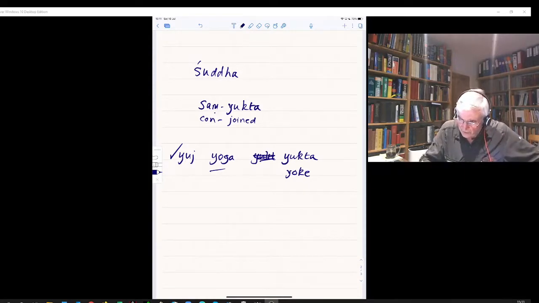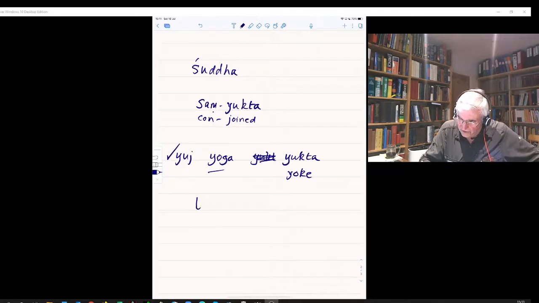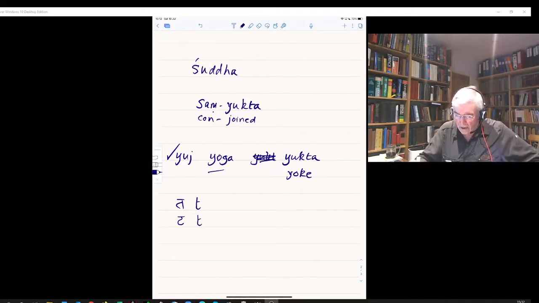So, for example, we have a dental t sound, which is written in Sanskrit like that, t. But we also have a retroflex t sound, and we put the diacritical mark, that is the distinguishing mark, as a dot under the t to distinguish the d from d.